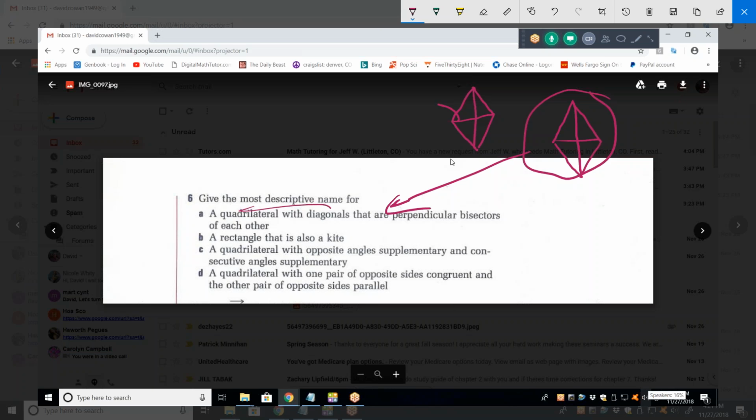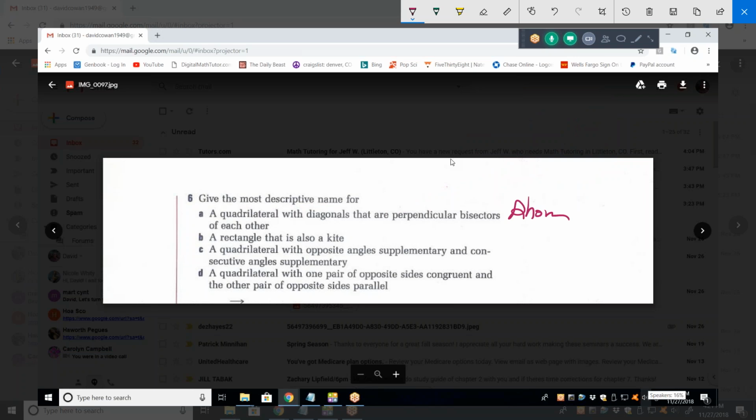So the most descriptive, I think, would be a rhombus. I can't think of a way to draw a rhombus where the two diagonals do not bisect one another. And the difference between a rhombus and a kite is obviously that a kite only has two equal sides. So, okay, that's a rhombus.